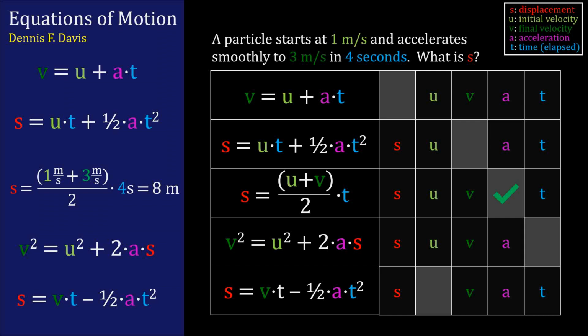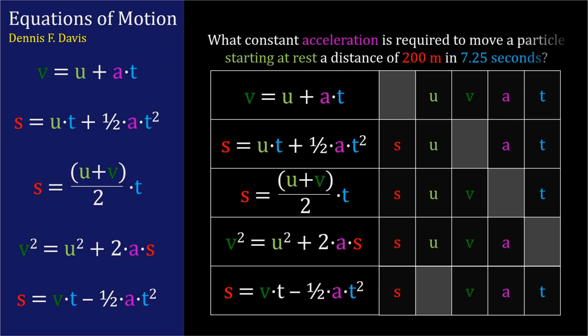I gave another sample problem we'd be able to solve at the beginning of the video. What constant acceleration is required to push a particle starting at rest a distance of 200 meters in 7.25 seconds? We're given u, s, and t, and asked to find a, so the variable not mentioned is v. So we'll use this equation, number 2.